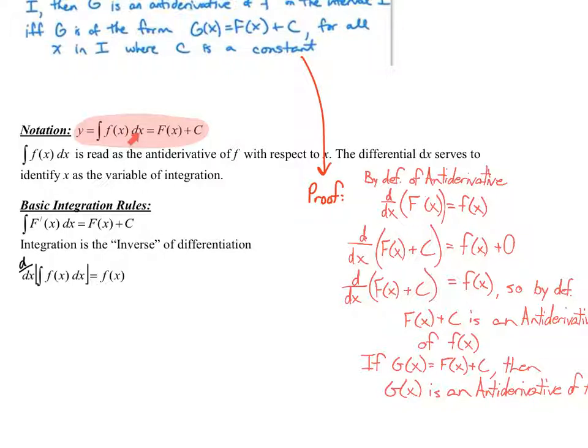So just like on the derivative, you had d over dx, and that told you what you were taking the derivative with respect to, we have the dx here, the differential. So it's the antiderivative of f of x with respect to x is the antiderivative of f of x plus any constant. Okay? So yeah, this just means capital F of x plus c. Okay?